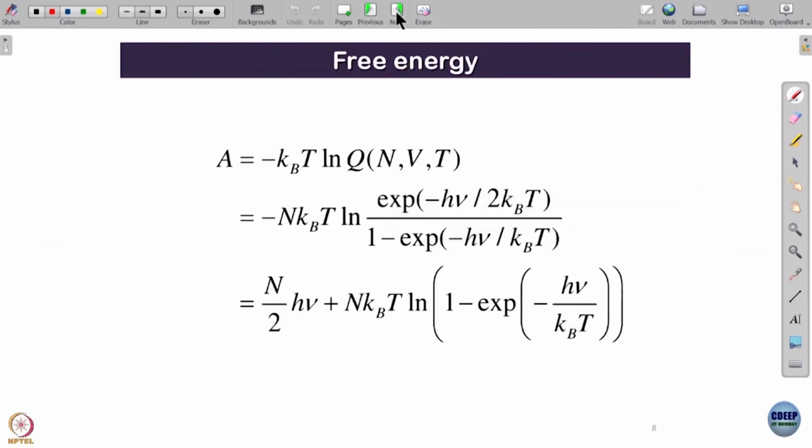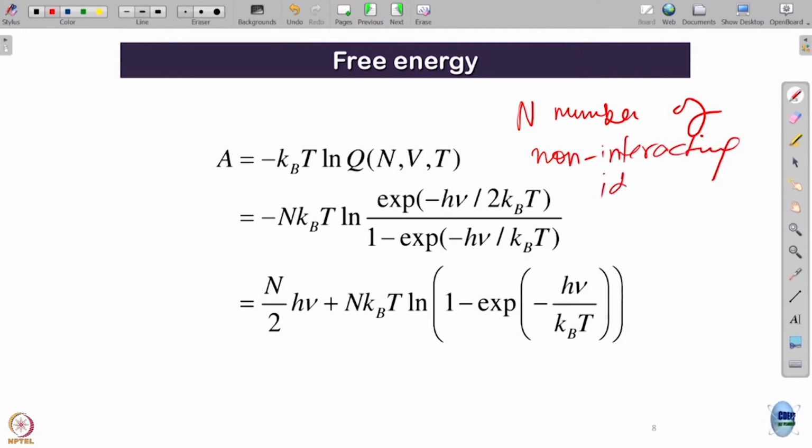Now I want to go to the free energy. I know that there are N of them, N non-interacting identical harmonic oscillators.